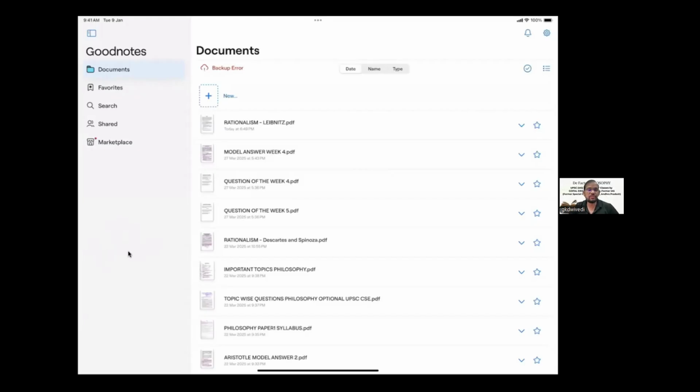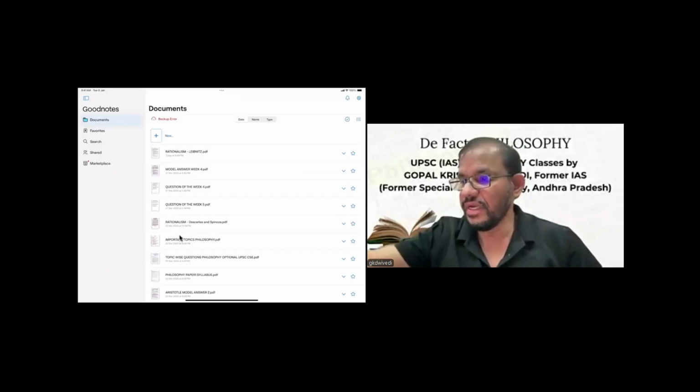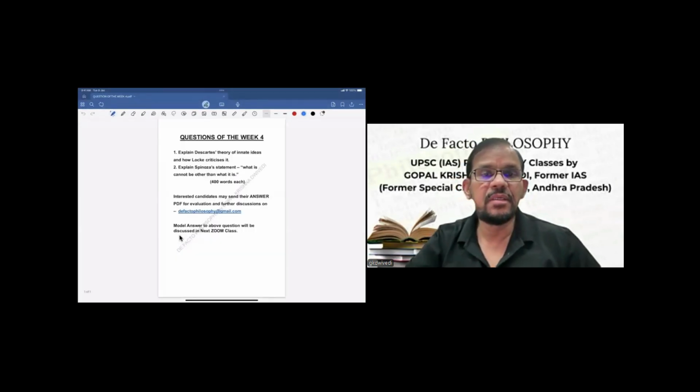Yeah, so last week we gave the question. I will show you the first question first, and then we can discuss what the model answer is. So these were the two questions given last week.